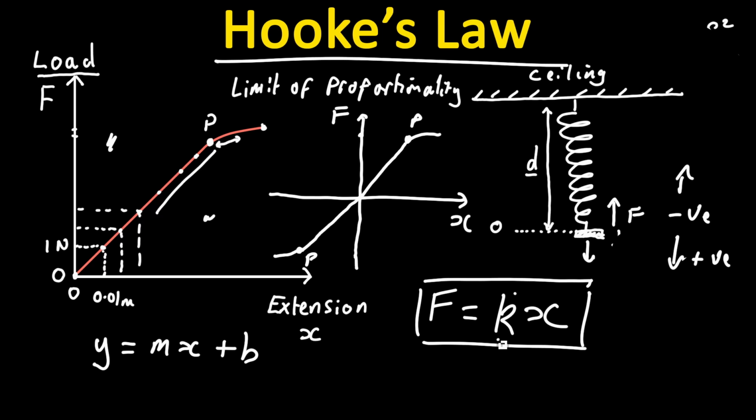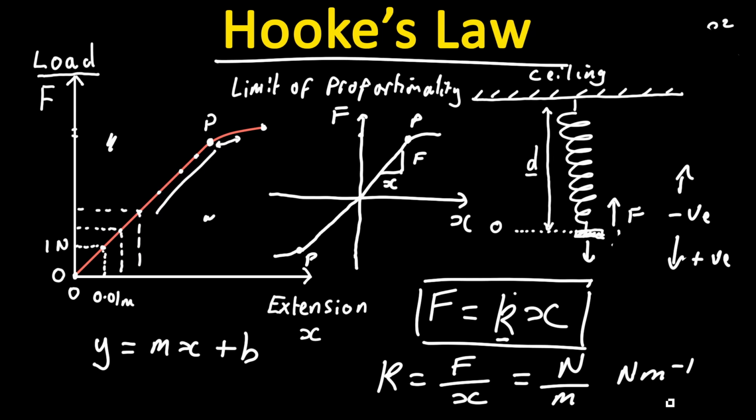So we know the spring constant depends on the gradient of the graph, which is the difference in force divided by the difference in the extension or compression. So we can rearrange this formula to isolate the spring constant, which is the force divided by the extension. And the units of the spring constant are newtons per meter.